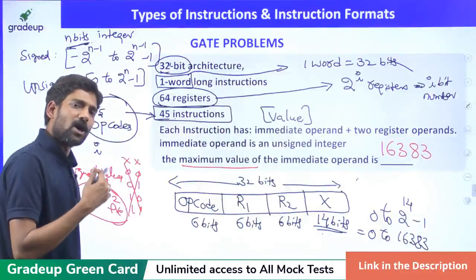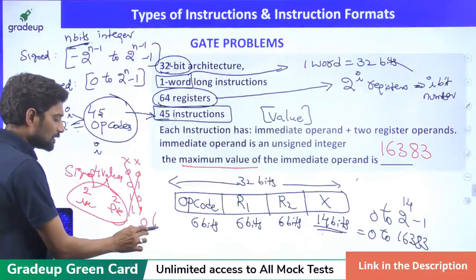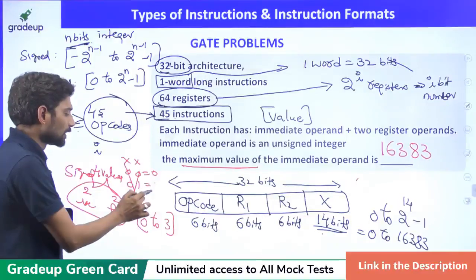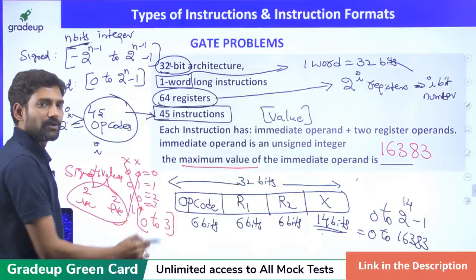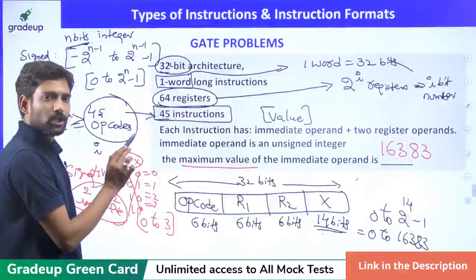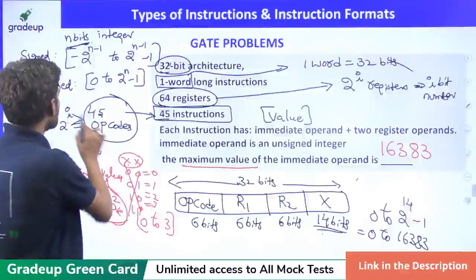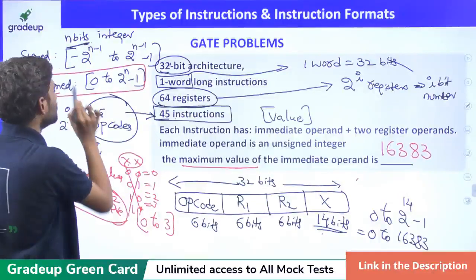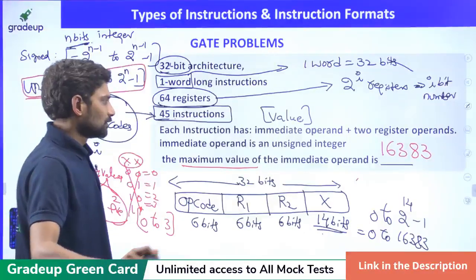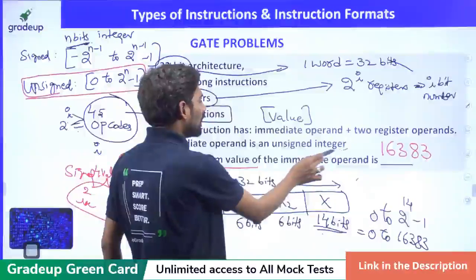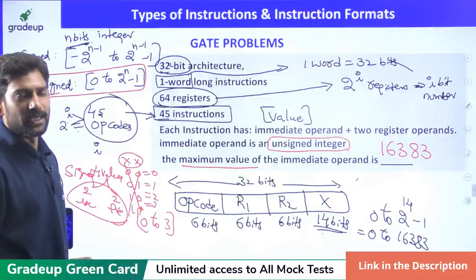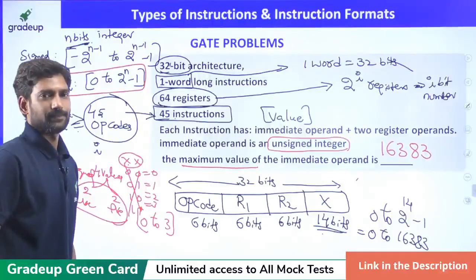And if it is unsigned, all are positive, so you can say 0 to 3. What are the possible values? 0, 1, 2, 3. So 0 to 2^2 minus 1. That is how an unsigned integer will have 0 to 2^n minus 1. And if your question is how I considered it as unsigned, I have not assumed it. It is given in the question. Okay?